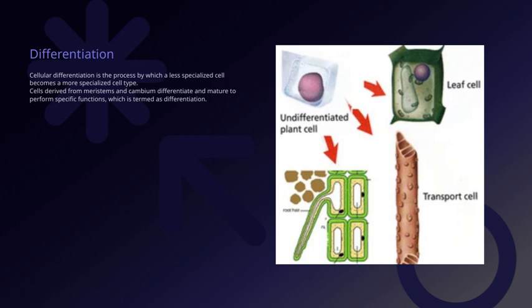This process of differentiation is crucial because it allows plants to develop complex structures and carry out diverse functions effectively. So, in essence, differentiation is how cells evolve from being generalist to specialist, ensuring the plant's growth and functionality are precisely tailored to its needs.